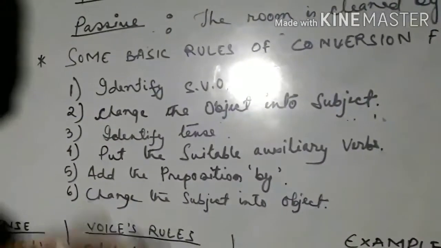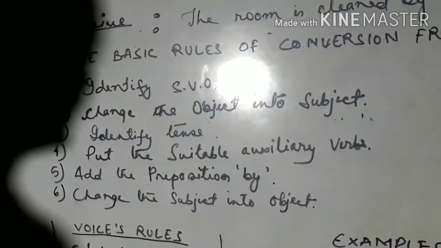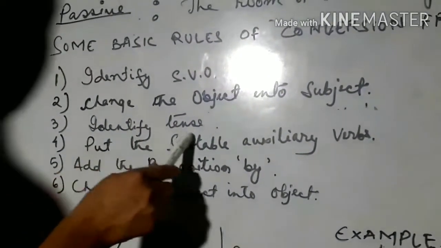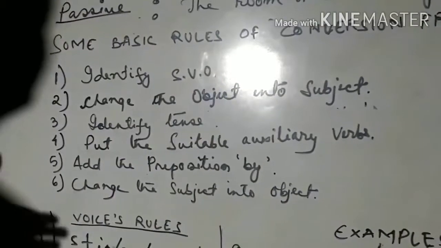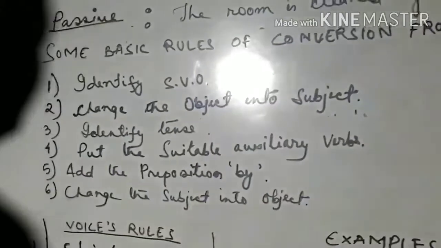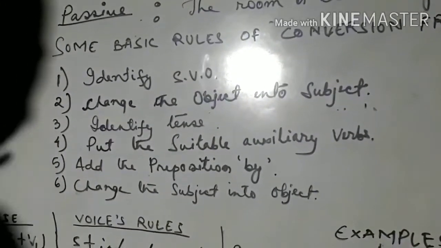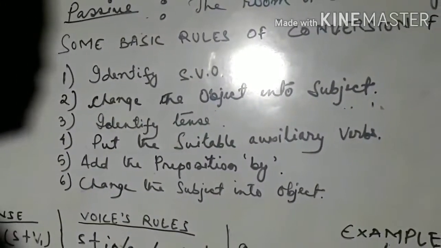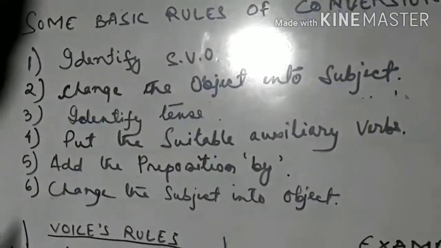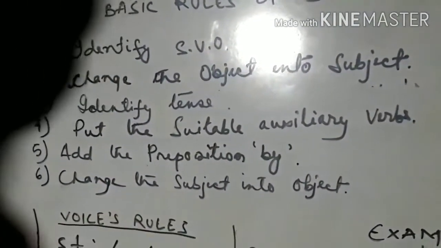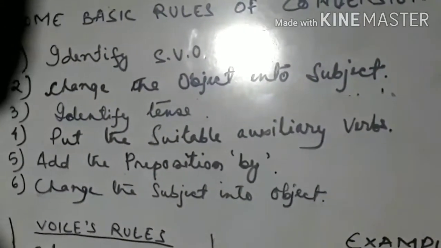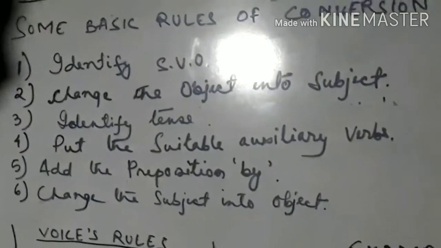Then identify the tense of the sentence. Put the suitable auxiliary verbs according to the subject of the sentence. Add the preposition by. And change the subject into object. That means the object of the active sentence becomes the subject in the passive sentence.